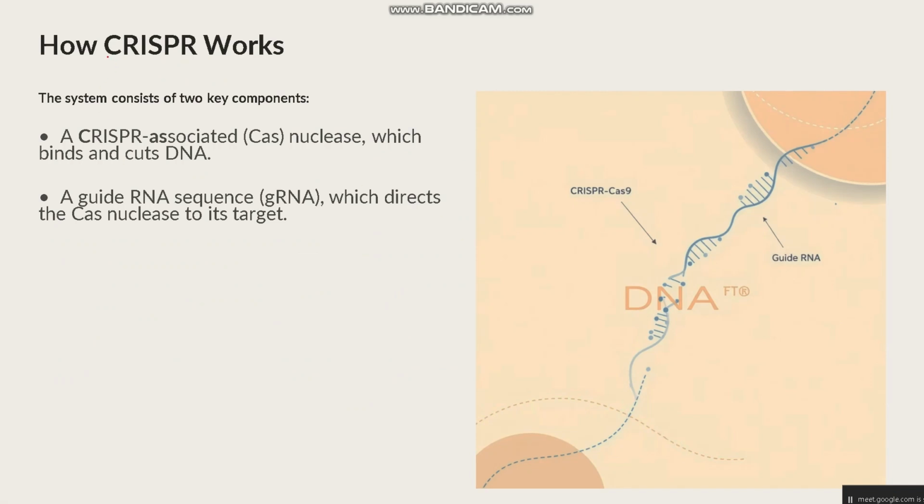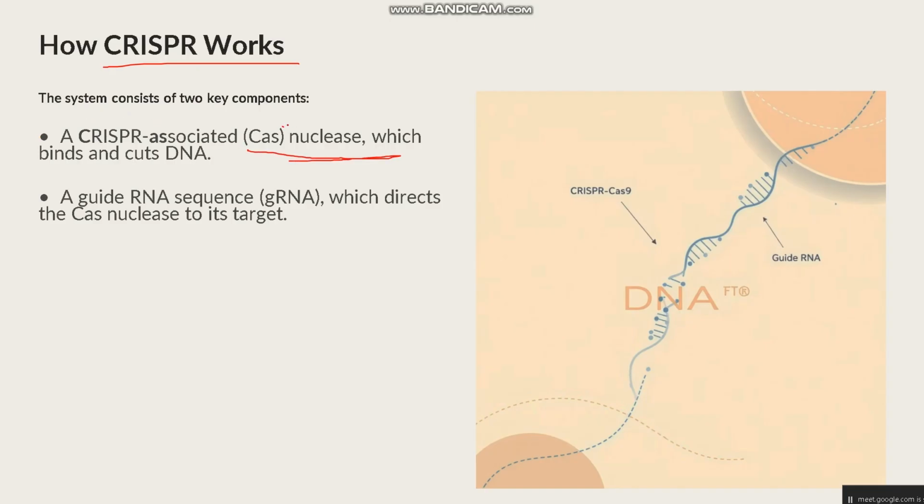Now I'm going to tell you how CRISPR works. The CRISPR-Cas9 system consists of two key components. First is the CRISPR-associated nuclease, called Cas nuclease.